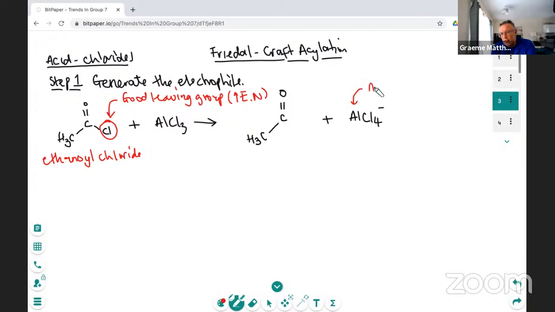Aluminum is what? Neon 3s2 3p1. Now, question: is there room? Is there an empty atomic orbital?